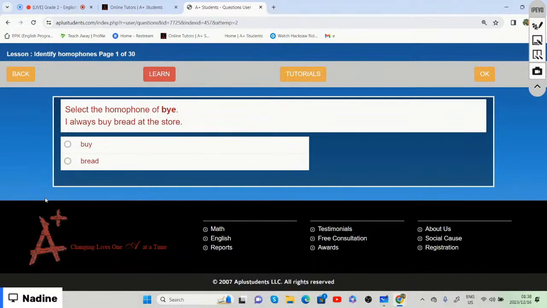So buy. So is it the first option buy or is it bread? We select the homophone of buy, the word that also sounds the same as buy.